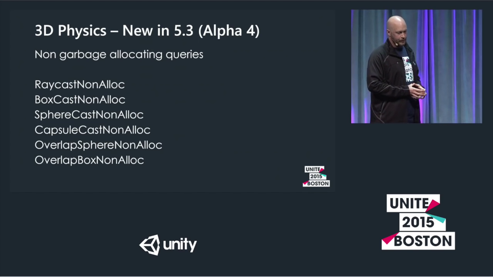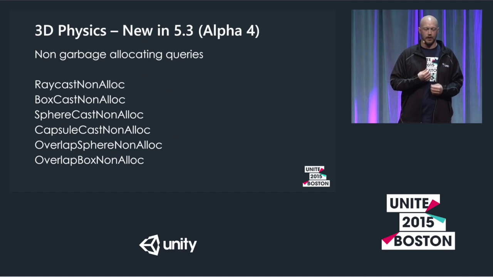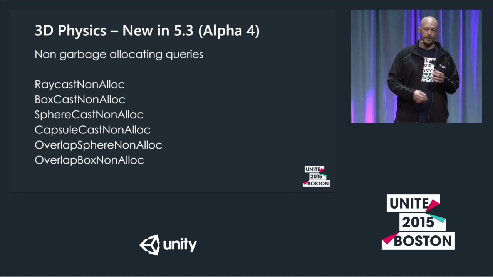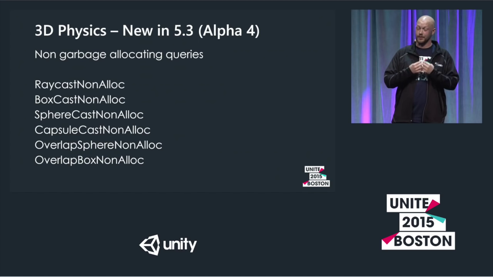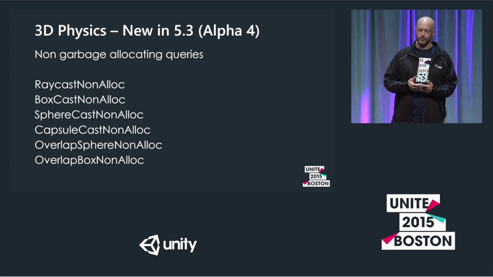And of course, we also had a lot of questions about garbage collection and raycasts, because we know that people have seen it as prohibitively expensive to use the raycast in Unity, or to use Unity at all, because of the garbage collection issues.